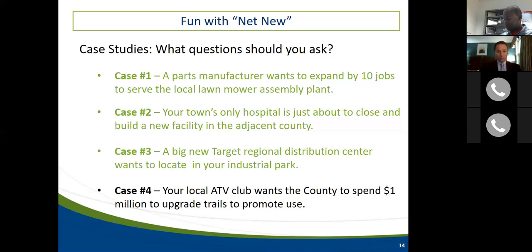What questions do we have to ask them about dollars coming in? Yeah, will the increased tourism provide positive return on investment?